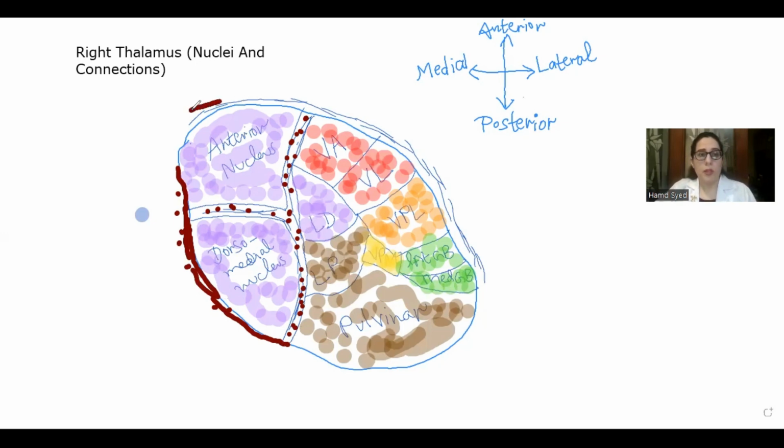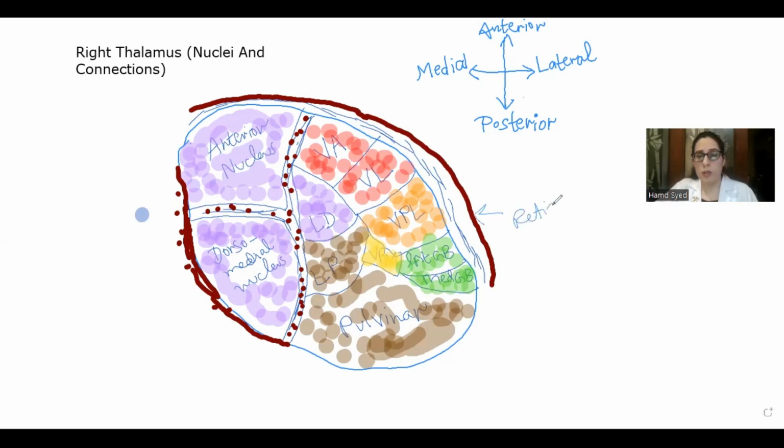Also remember, the reticular nucleus is present on the outer aspect of the external medullary lamina. This here is the reticular nucleus.